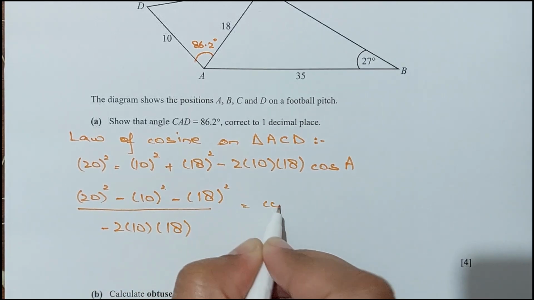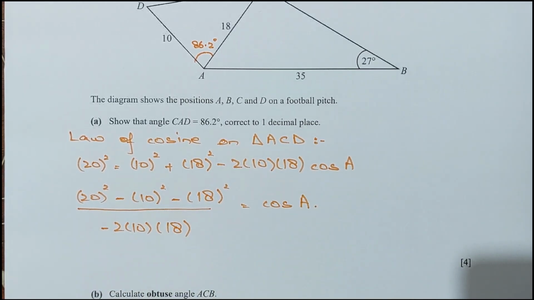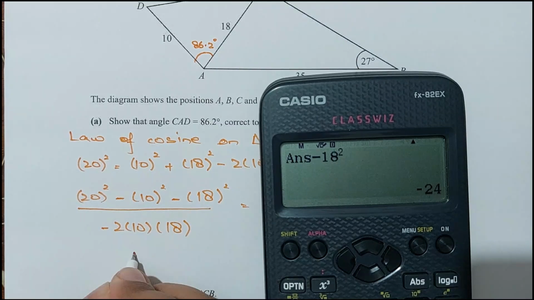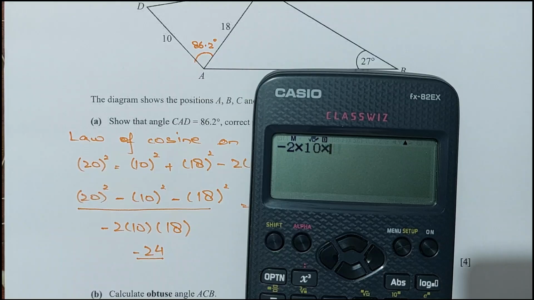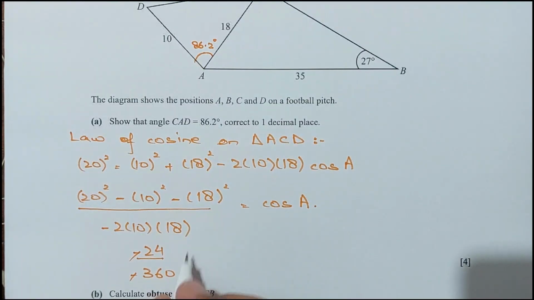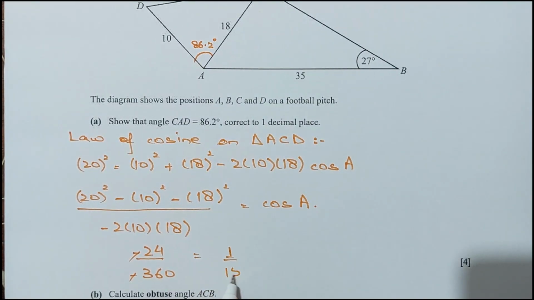Here you will get cos of angle A. Let me simplify the numerator first: 20 squared minus 10 squared minus 18 squared is minus 24, divided by minus 2 into 10 into 18, which is minus 360. Negative is cancelled with negative. 24 over 360 would be 1 over 15, and this equals cos of A.